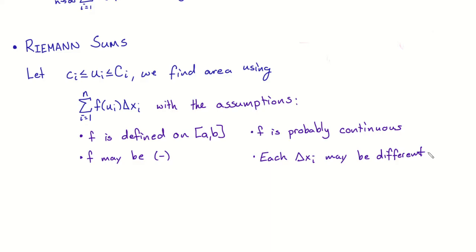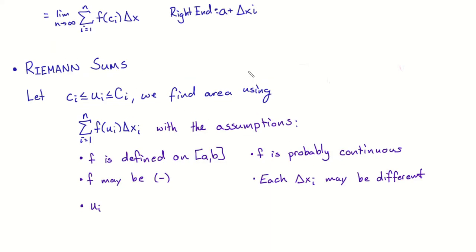And finally, the last little assumption is that u sub i, which is exactly what we plug into the Riemann sum up here, we'll just require is a point in the ith subinterval.